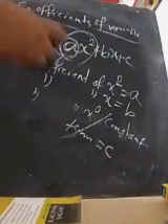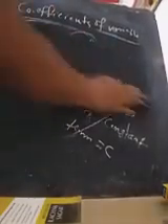We'll discuss some more examples on it. Suppose I'm giving an example, 2x square plus 3x plus 4. So what is the coefficient of x square?